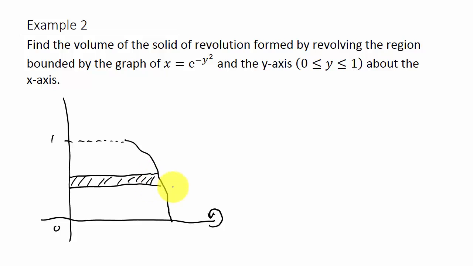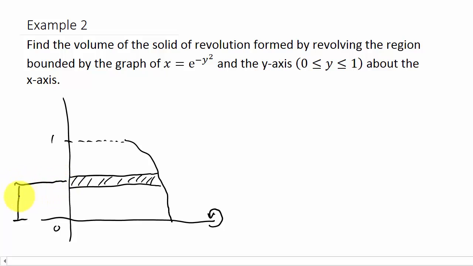Now remember, we need the radius, and the radius is measured from the axis you're revolving it around to the center of the rectangle. Okay, so in this case, our radius, and this is going to be in terms of y, because you see the thickness here, that's delta y.